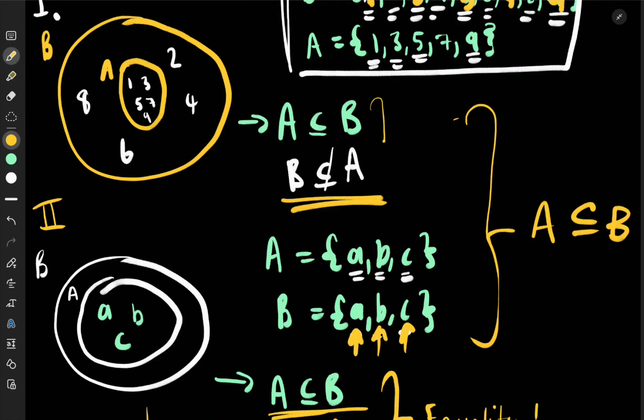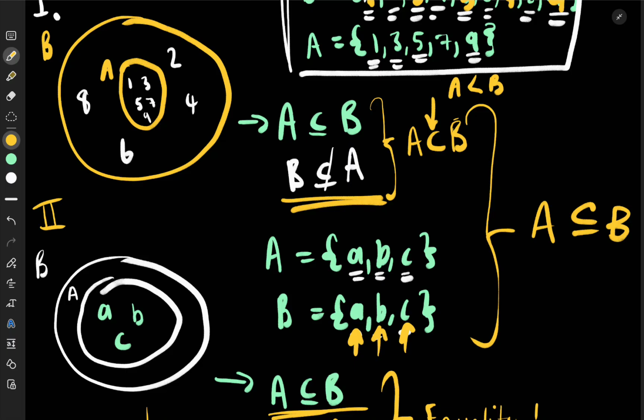Now, what about this other situation? It's not equality, but we call it A being a proper subset of B. If A is a proper subset of B, we write it with this symbol. This means that A is in B, but B is not a subset of A. If you see this as an inequality sign, it just means A is less than B, which is true.